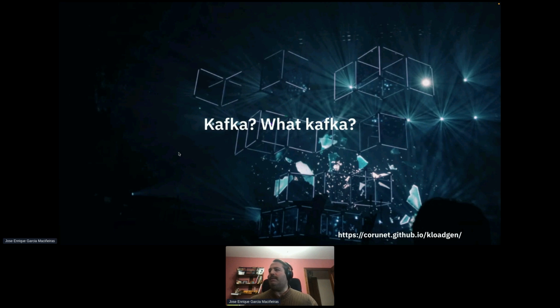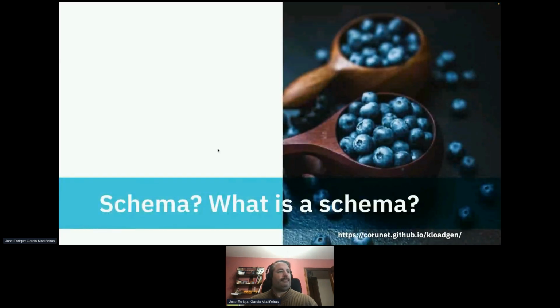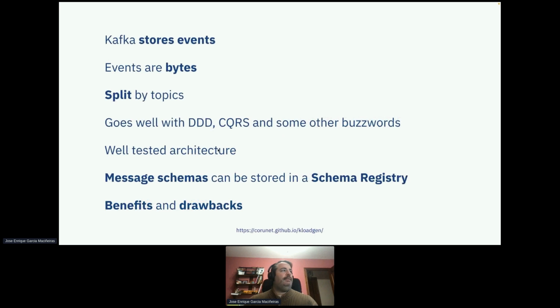So let's start by defining what Kafka is, because it's one of the main focuses of this conference. Kafka is a broker for stored messages. The messages are events, and the events are stored as arrays of bytes. Kafka is defined in topics.